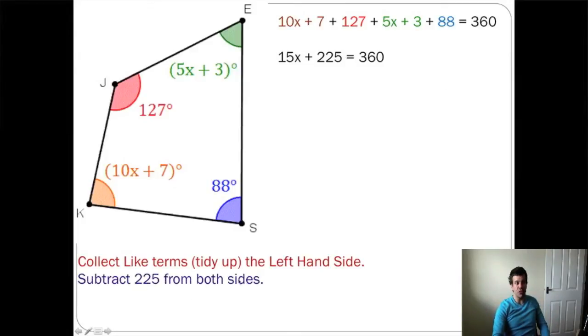We'll subtract 225 from both sides to keep it balanced. There we go. Now 225 minus 225 simply becomes 0. So this bit vanishes and you're just simply left with 15x on the left. On the right, what is 360 minus 225? A few seconds to calculate that.